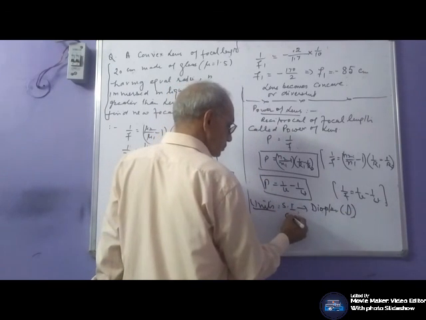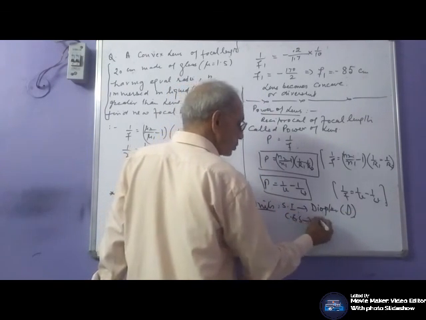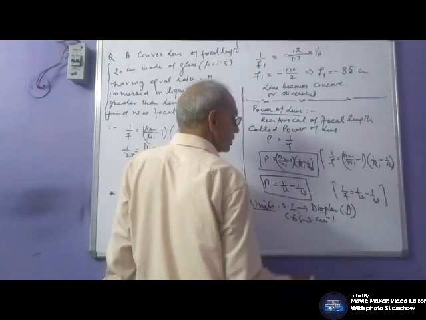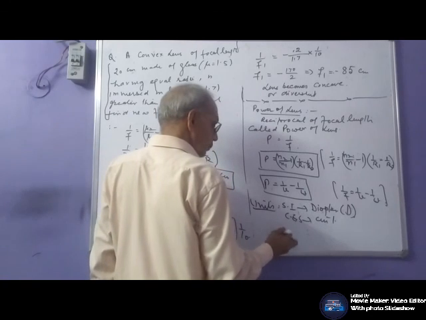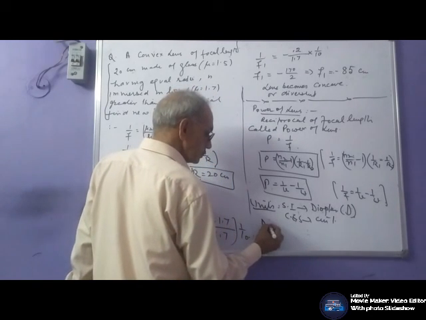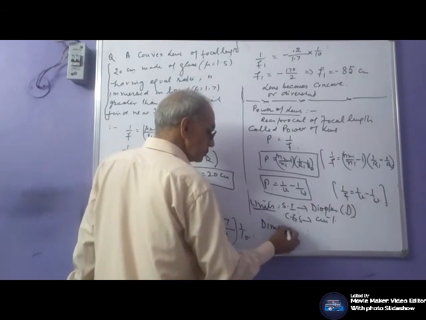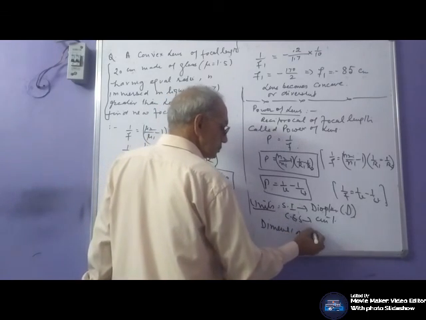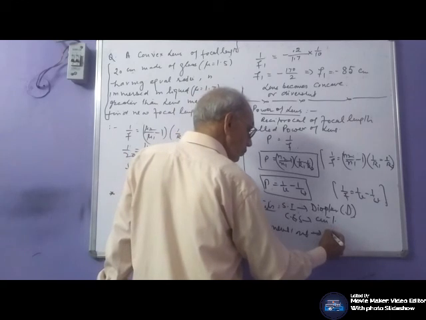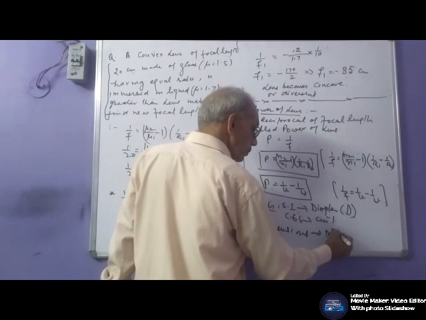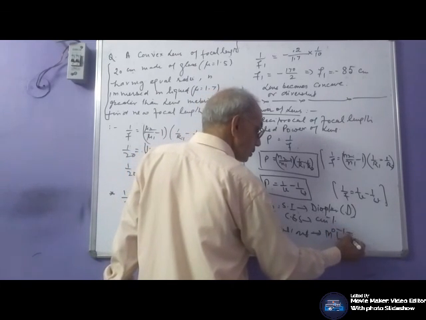CGS is never used, centimeter inverse. Meter inverse we say diopter. Dimensions: M0 L minus 1 T0.